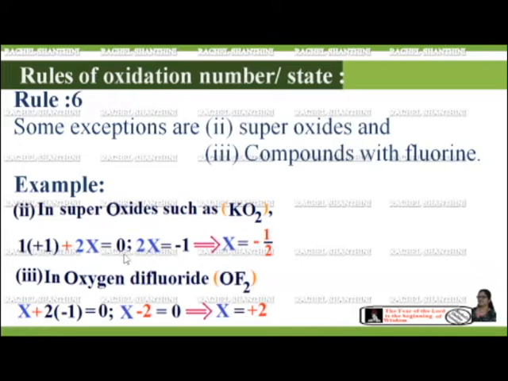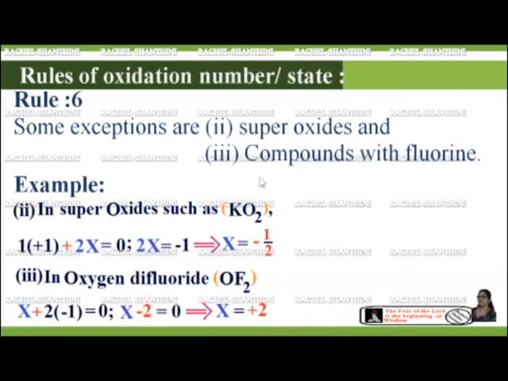So equal to 0. That gives 1 into 1, which is 1, plus 2X equal to 0. When this 1 goes to the right hand side, we get 2X equal to minus 1, which gives the value of X as minus 1 by 2, which is the oxidation number of oxygen in superoxides.